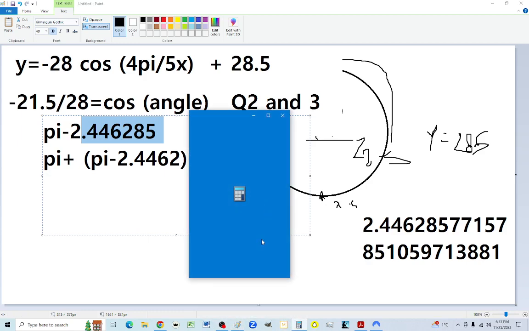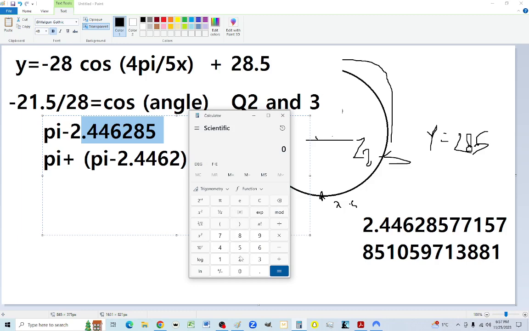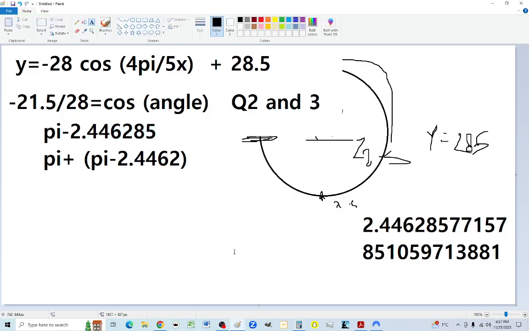We take the 2.44 that we had. We subtract pi from it, even though it's pi minus it, and we make it positive. Then we add that to pi. This is our second, quadrant 3 value. So we're talking about these 2 radians.